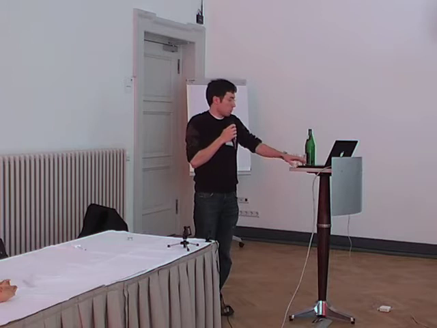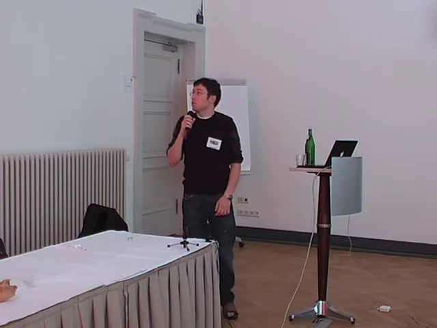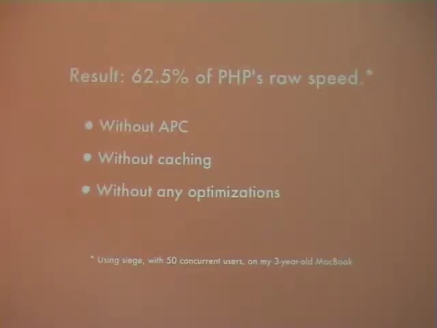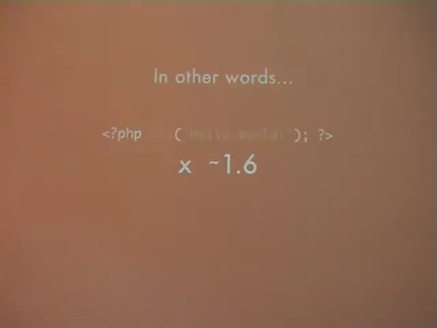We'll be doing more of that. But this was run without APC, without caching, without any optimizations of any kind whatsoever. So in other words, that's basically the equivalent of running die hello world 1.6 times. So it's kind of fast.